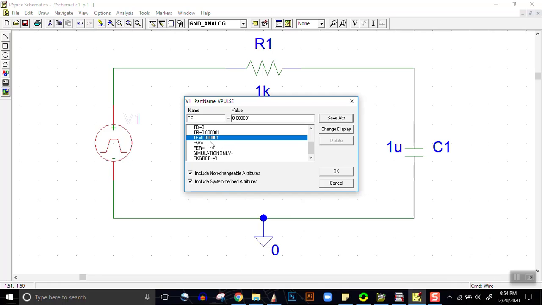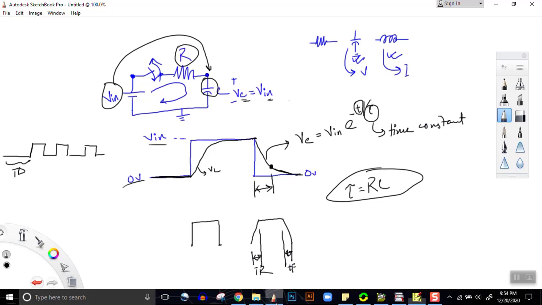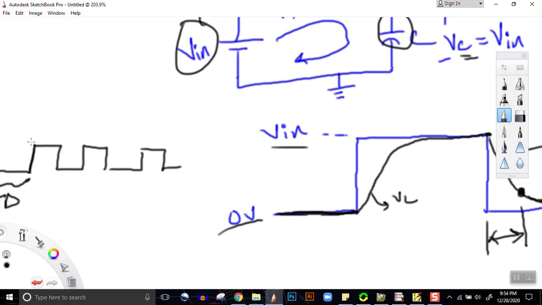Now two more things are there. Those are pulse width and PER. PER means period. Now what is pulse width and period? You see the pulse here. This is the amount of time when the pulse would be on, and this is the total period of the pulse.